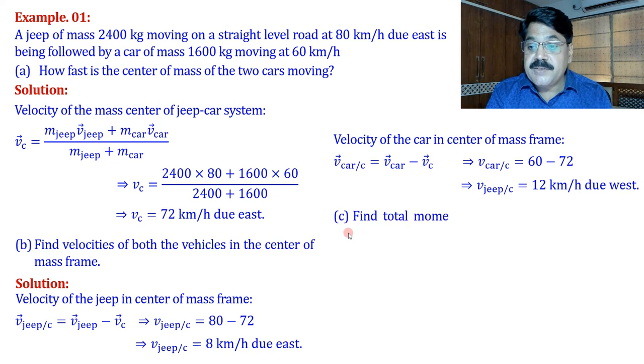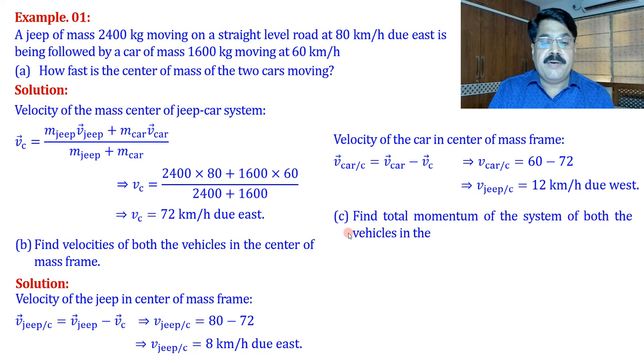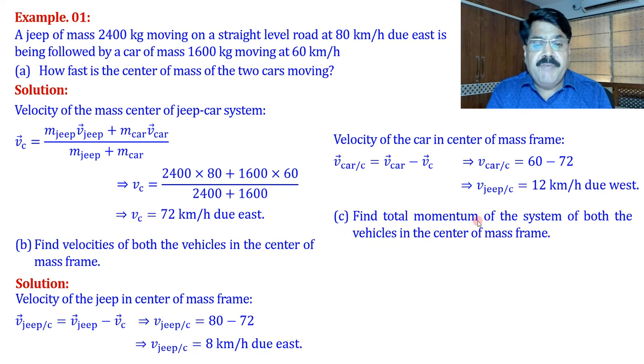So what is part C? Find the total momentum of the system of both the vehicles in the center of mass frame. We know a priori that the total momentum of the system in the center of mass frame is zero. Sorry, a null vector. If I say zero, it means we are taking its magnitude as zero, and the magnitude of a null vector is also zero. So let us verify the idea.